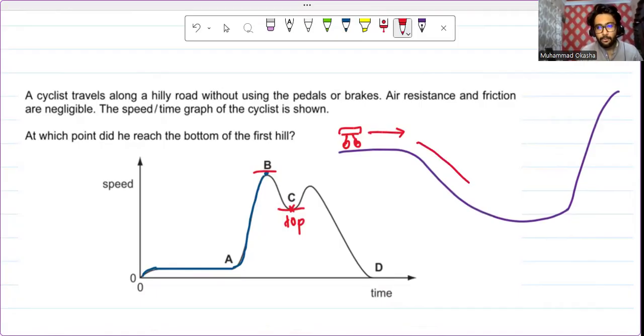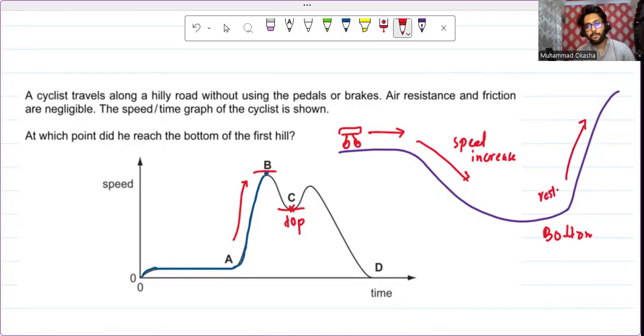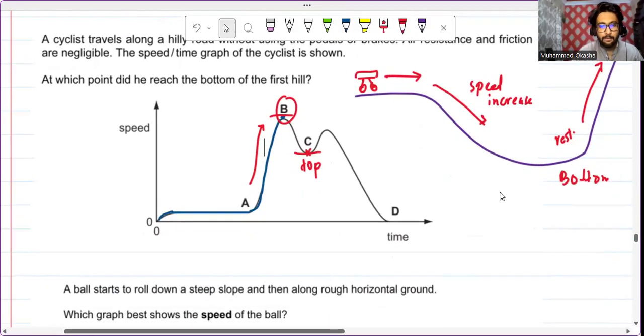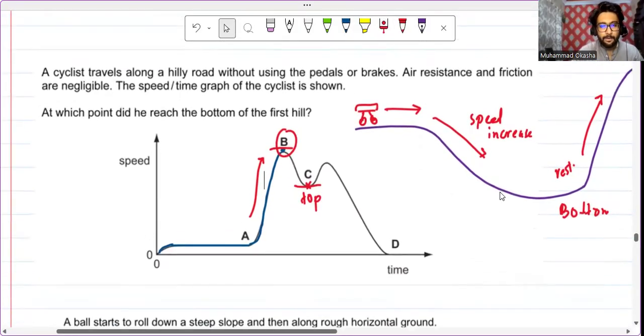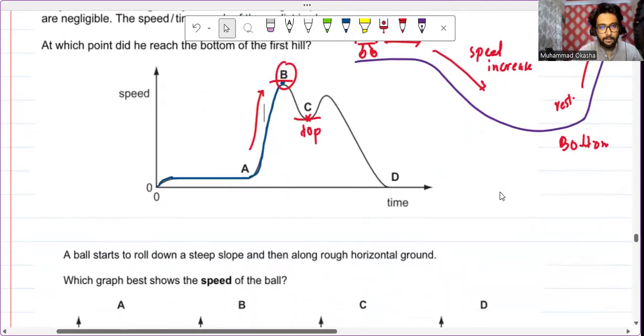Then, as it goes down, the speed increases very fast, right? So this is represented by a fast increase in speed, and this is the bottom, right? At the bottom, it comes to a rest for a while, and when it goes up, the speed decreases. Okay, so B is the correct option. This is the point where it comes to a rest for a brief while and then starts climbing the first hill.